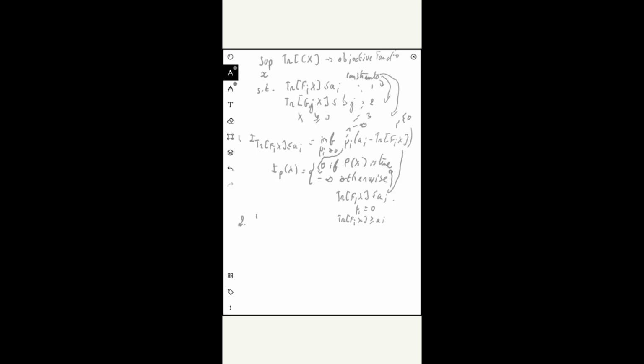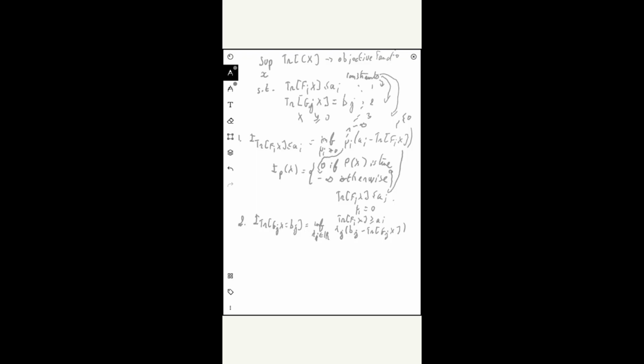The second one is this one, the indicator of trace of Gj x equal bj, and basically you do the same trick and take lambda in R, because this time it's an equality, sorry. So the inf over lambda of lambda times bj minus trace of Gj of x, and basically you do the same.